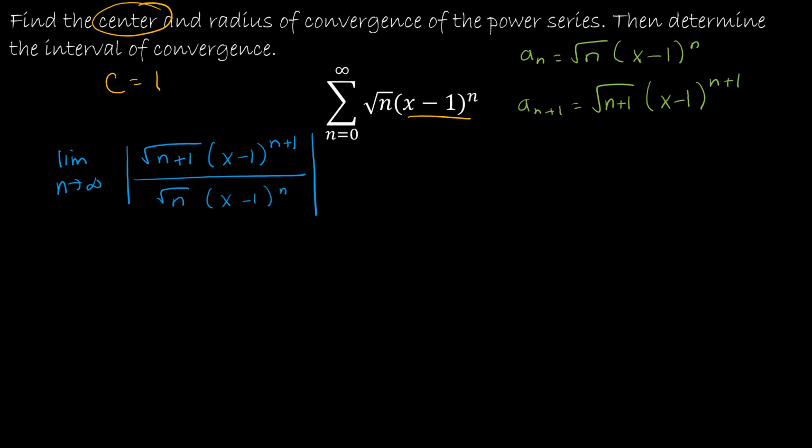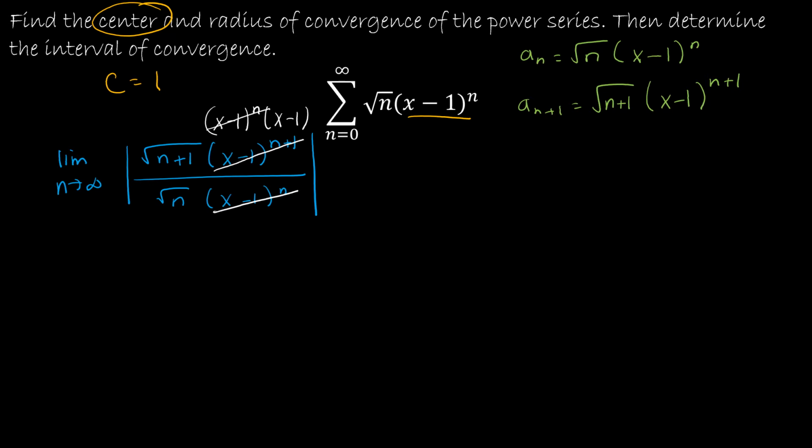We're still going to use those same tricks that we used before to reduce anything that we can. Now, (x minus 1) to the n plus 1 is going to be written as (x minus 1) to the n times (x minus 1), so that we can cancel (x minus 1) to the n.